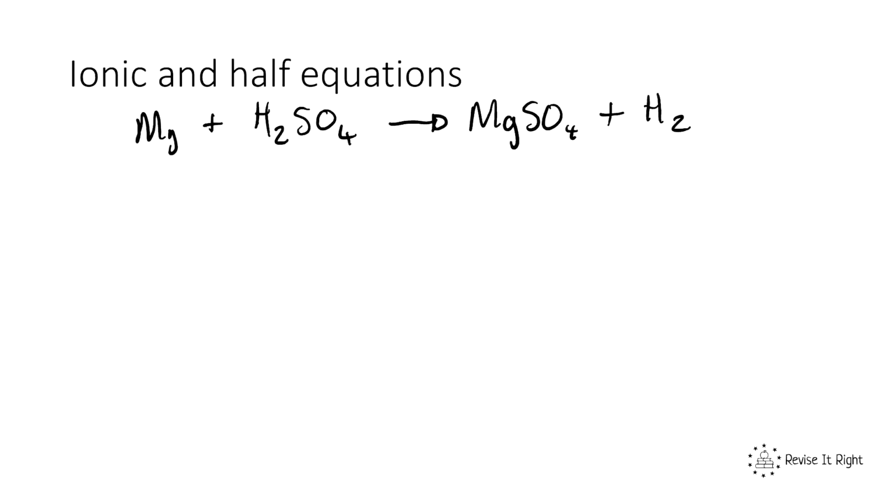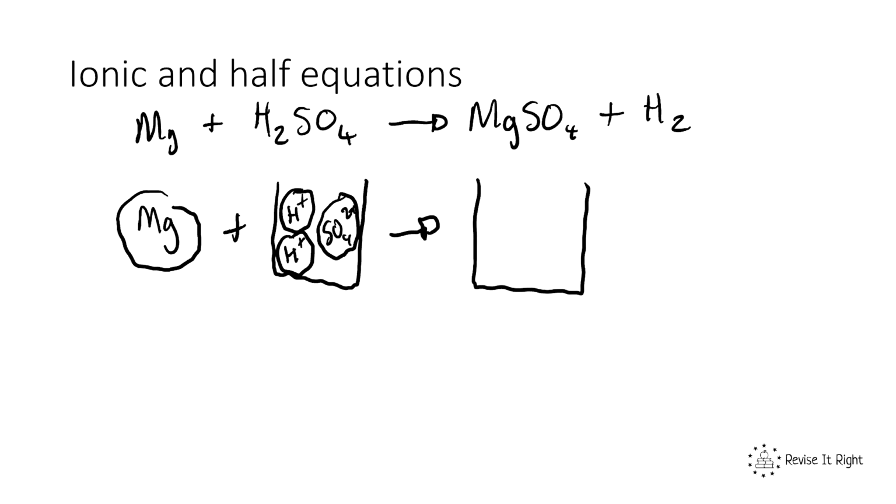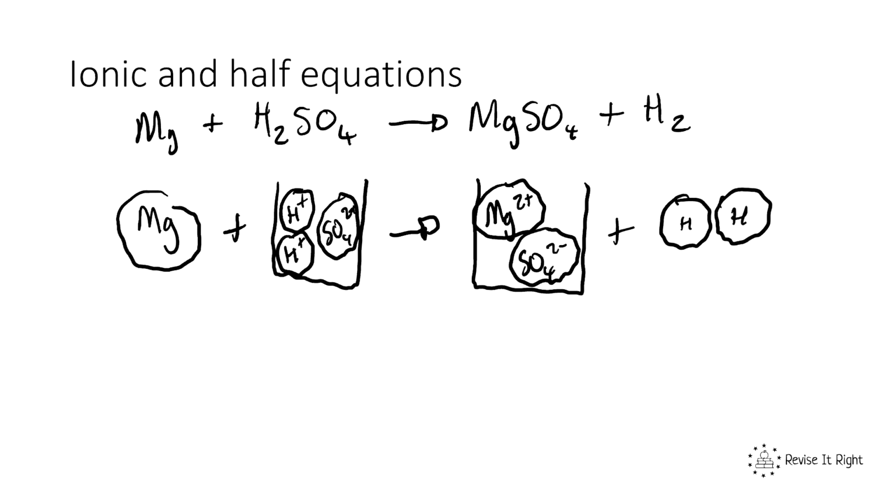So here again I've written the symbol equation for that reaction, and again I'm going to draw what's happened. We've got the magnesium atom here, and that's been added to our sulfuric acid, which remember contains 2 hydrogen ions and our sulfate ion, and that has become magnesium sulfate, which is now a magnesium ion, 2+, and our sulfate ion, 2-, plus our 2 hydrogens.